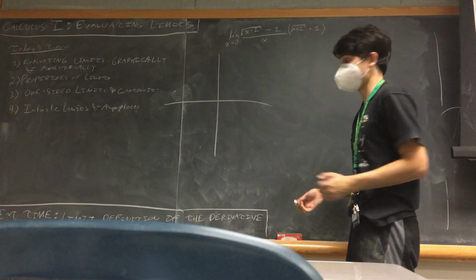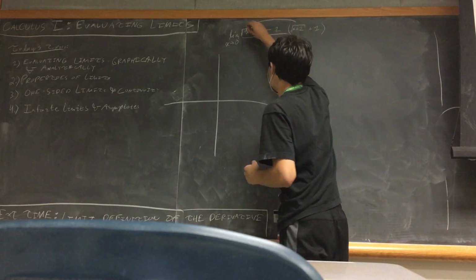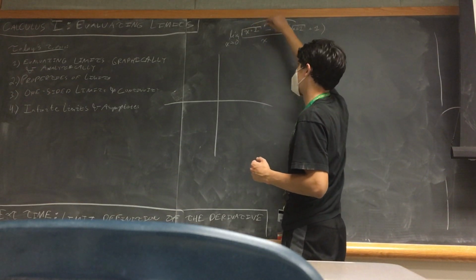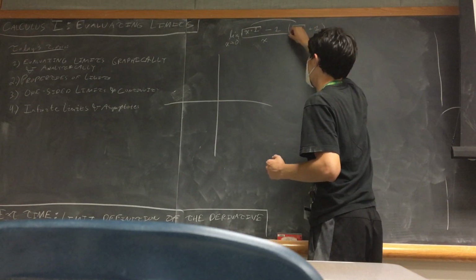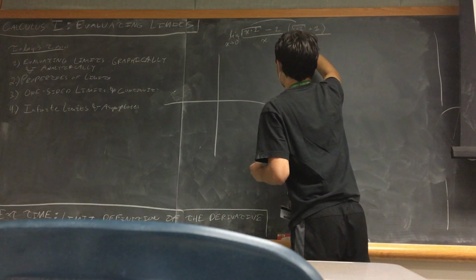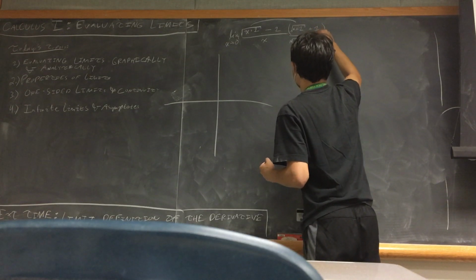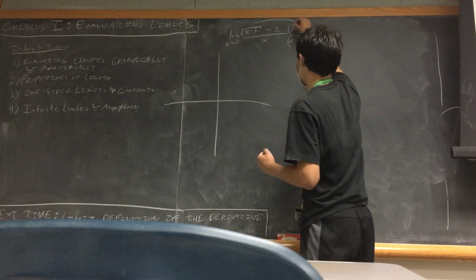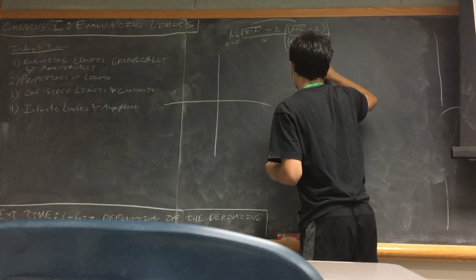What would happen then? Well, using FOIL, we get first, which is square root of x plus 1 squared. And if we want to multiply by this on the numerator, we have to multiply it by it on the denominator as well. And the reason for that is because this expression here is equal to 1.